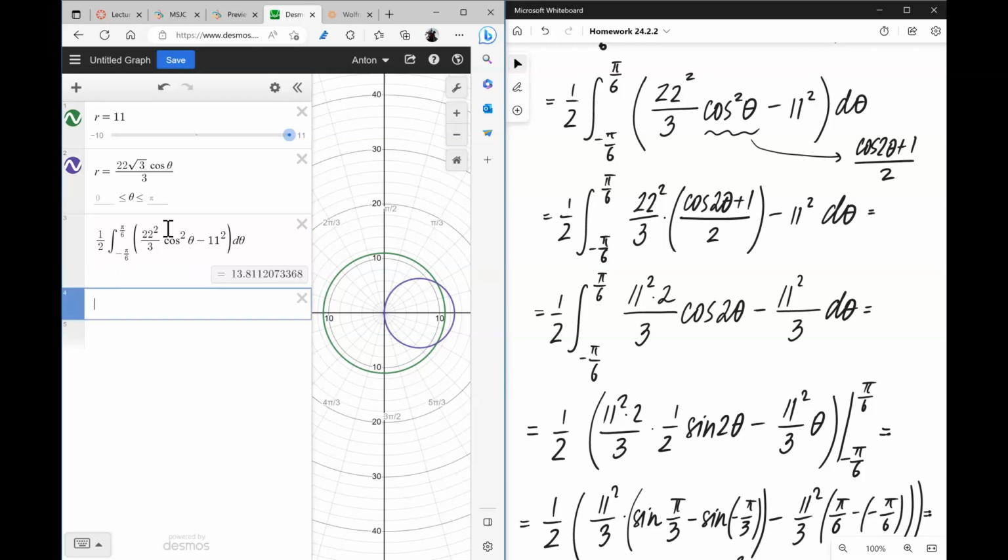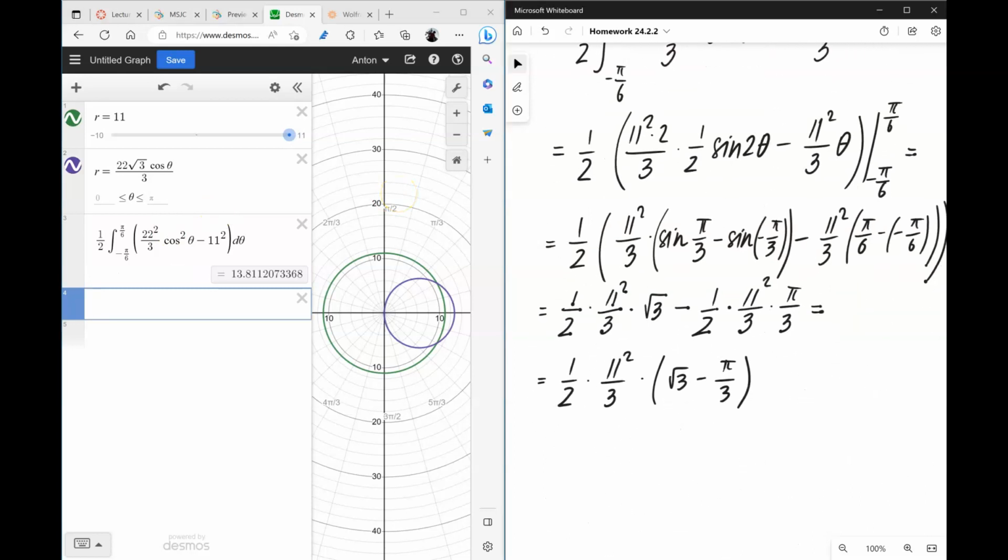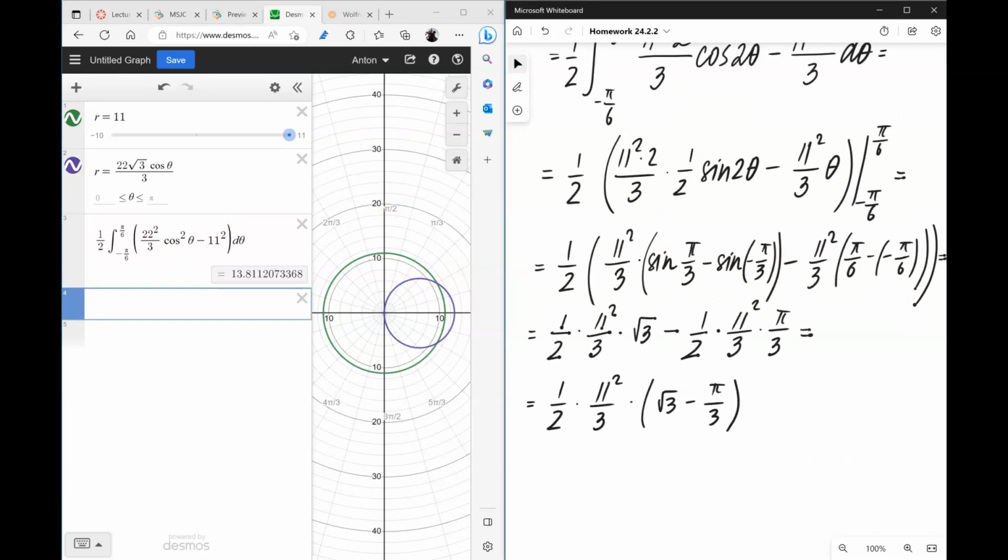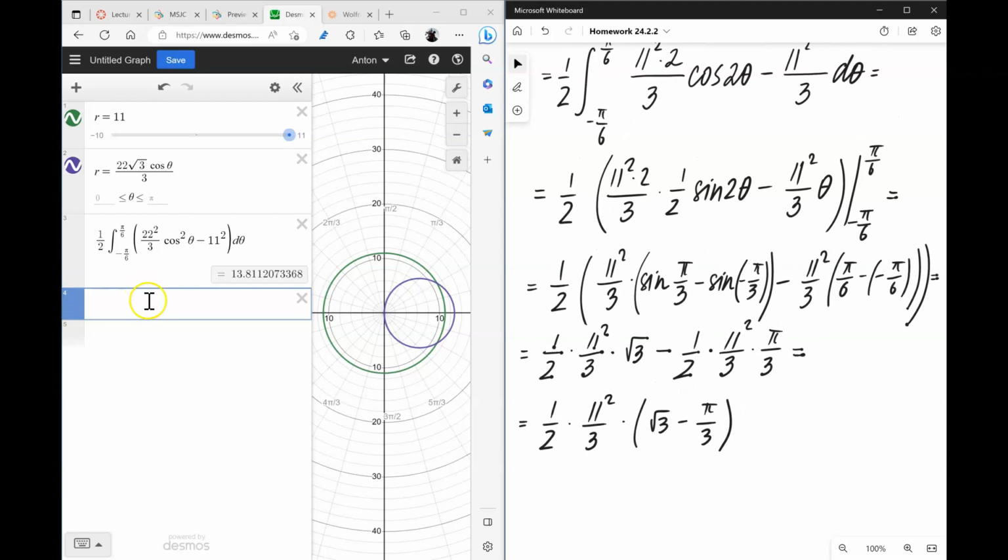So that's the answer, and I'm also going to type this answer to see if it's the right one. So we have 1/2 times 11 squared over 3 times square root of 3 minus pi over 3, and it is the right answer.